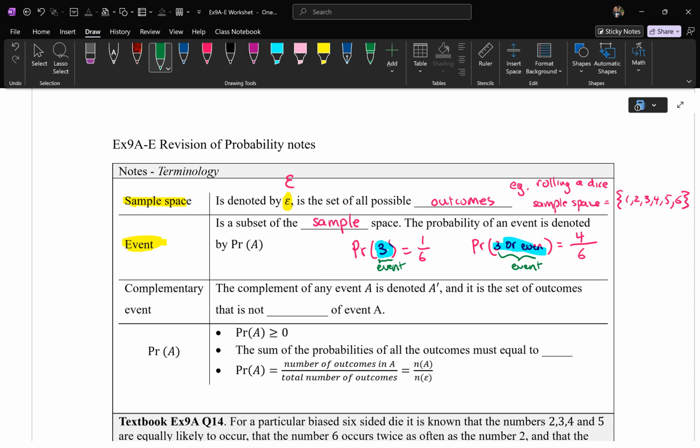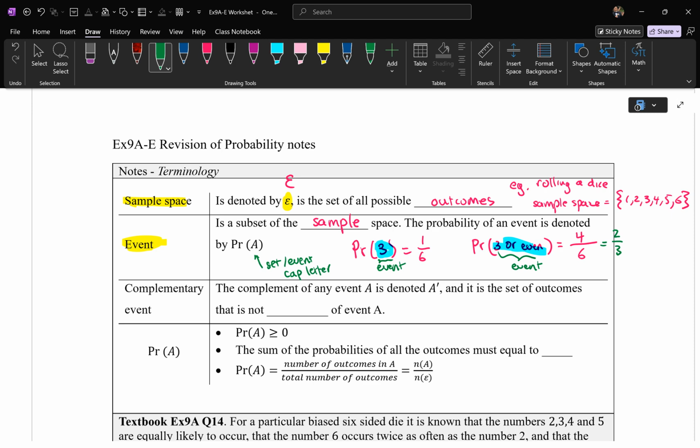Back then in year 7, it was called a set. But the language we use now is called event. So set A or event A means the same thing. So note there, I'm just going to write here set/event, capital letter. And you must simplify it to 2/3 as your answer in the exam.